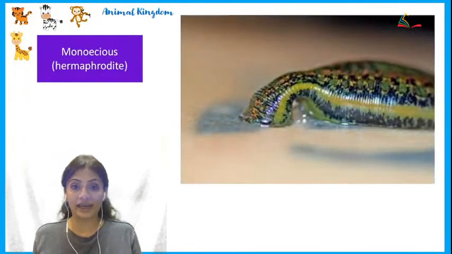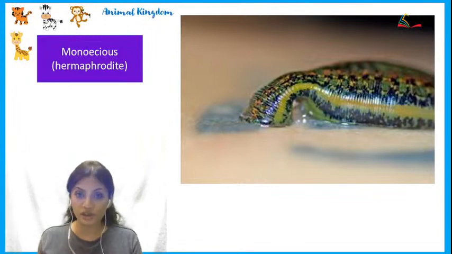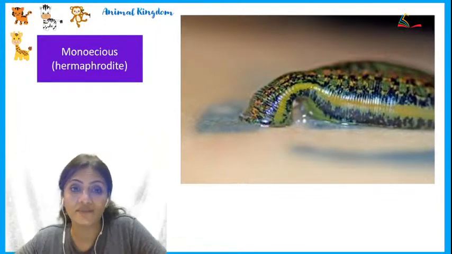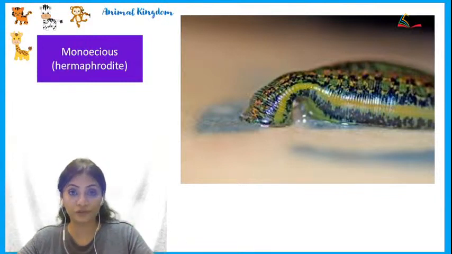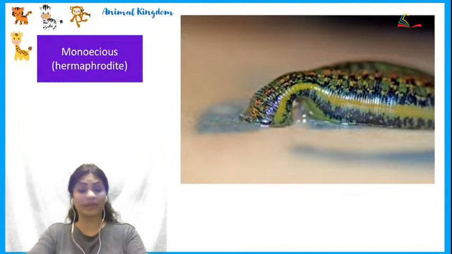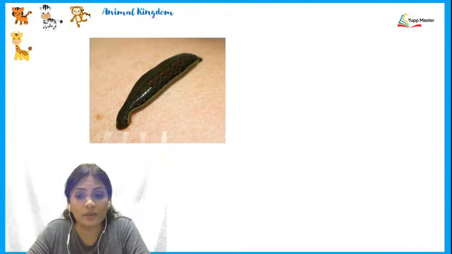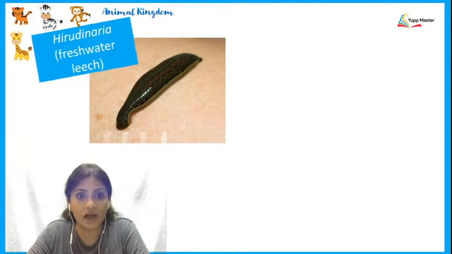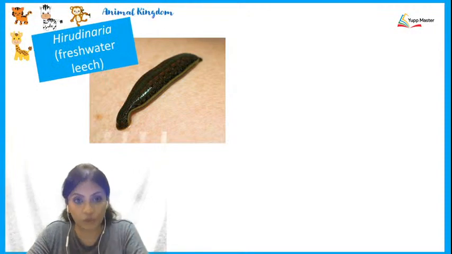Now talking ahead, we see that these leeches are monoecious. Monoecious means that they are hermaphrodite, which means that both the male and the female sex organs are present in the same organism. The very common examples that we find here are Hirudinea, the freshwater leeches.